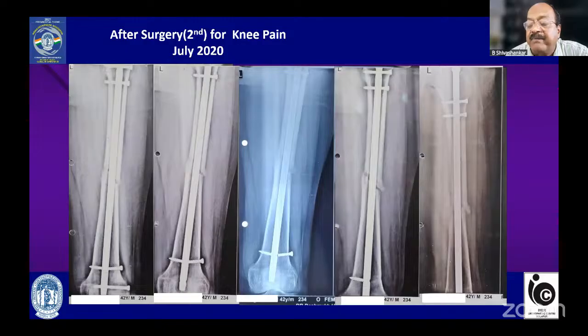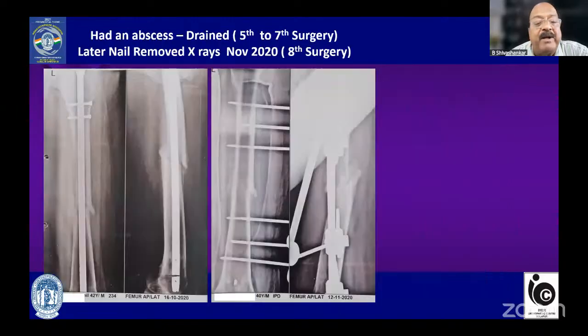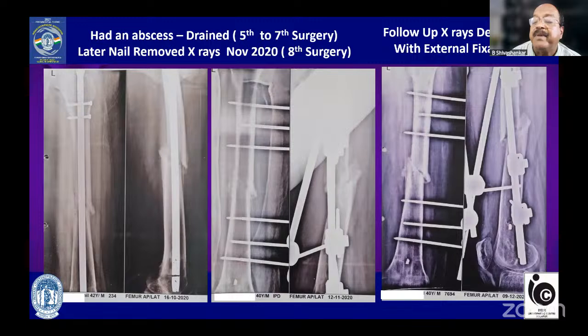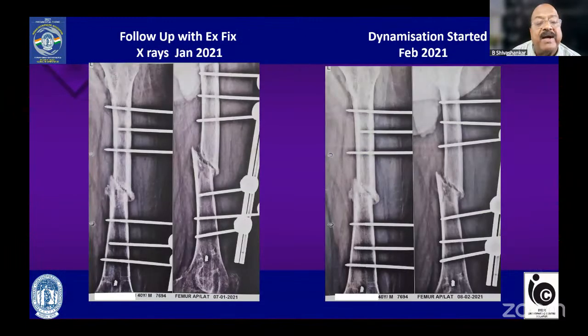The infection got extended to the whole of the medullary canal, and the patient had to undergo 3-4 debridements and abscess drainage. Finally, the eighth surgery was done in the form of external fixator application, and after 3 months, once the fracture seemed united, the patient was put in a plaster for a month's time, and dynamization started after the fixator.